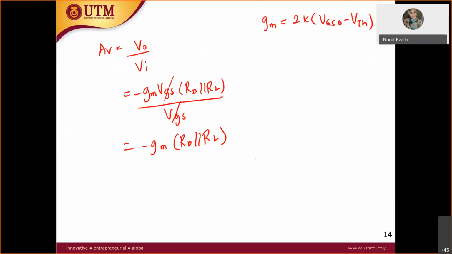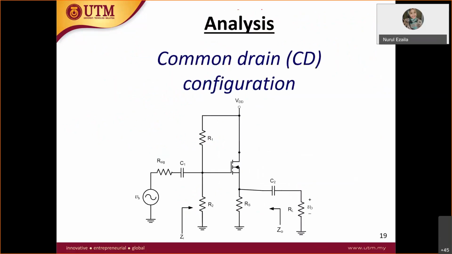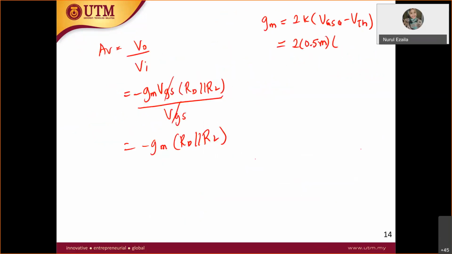From the load line you should get VGSQ as 4.3. So 4.3 minus your threshold voltage of 2 volt, and here you will get 2.3 millisiemens. So that is for the first one.